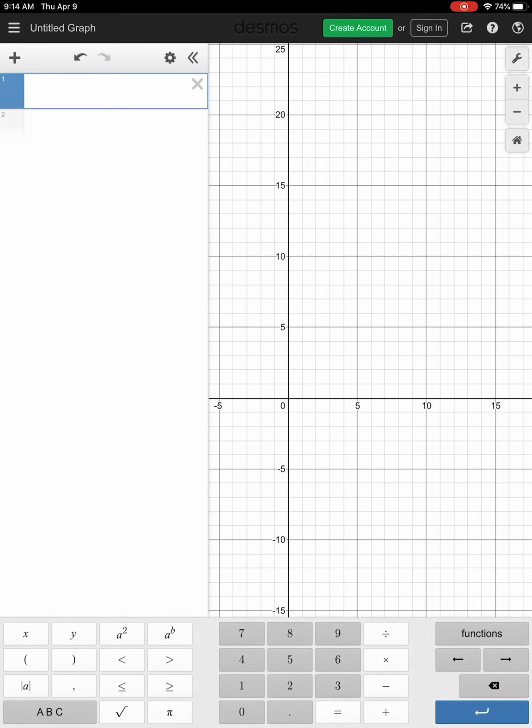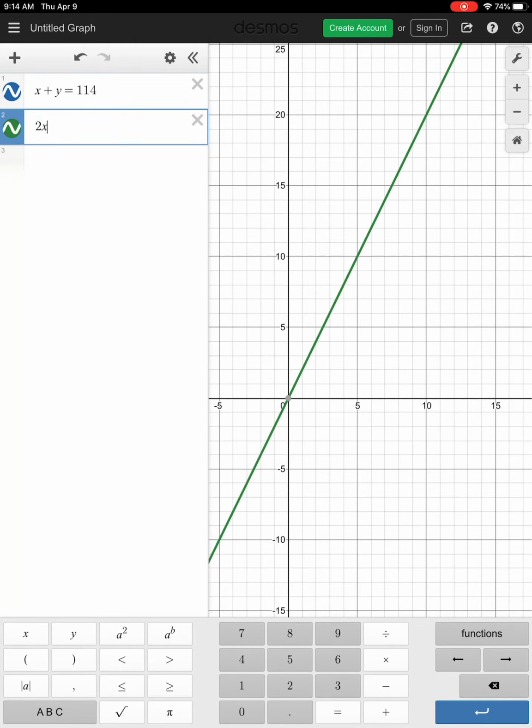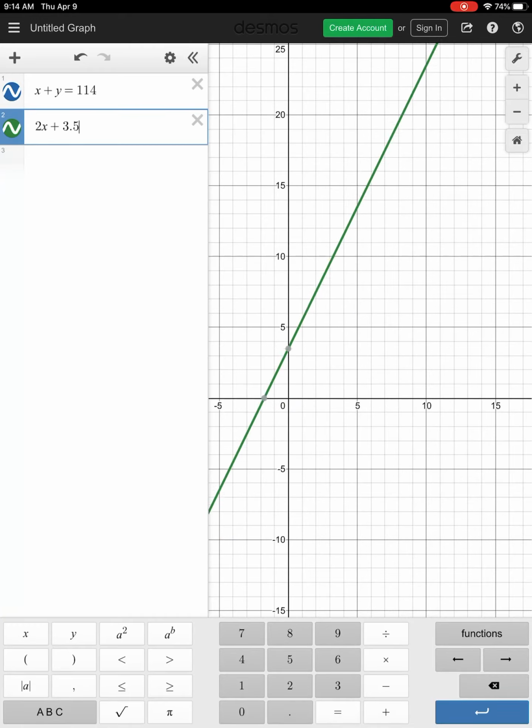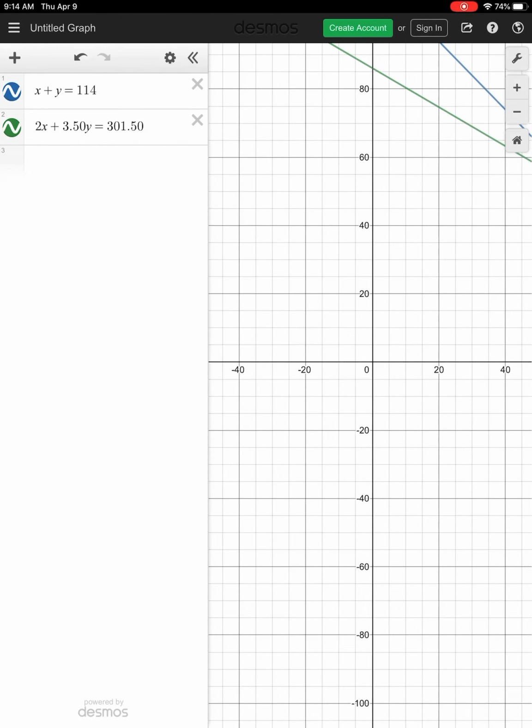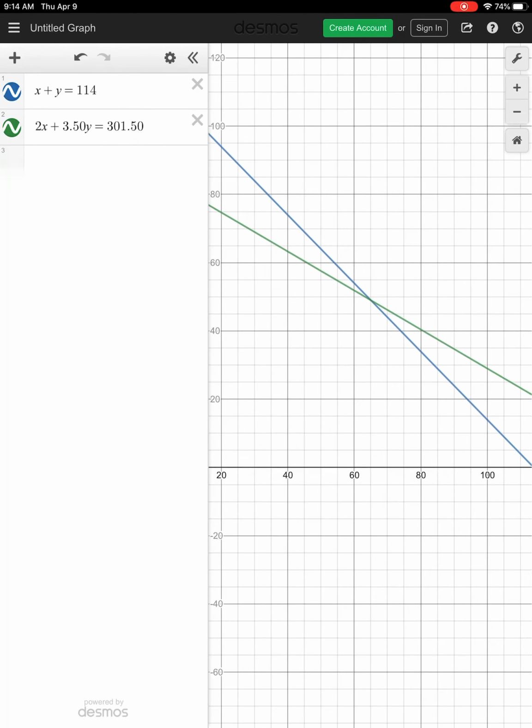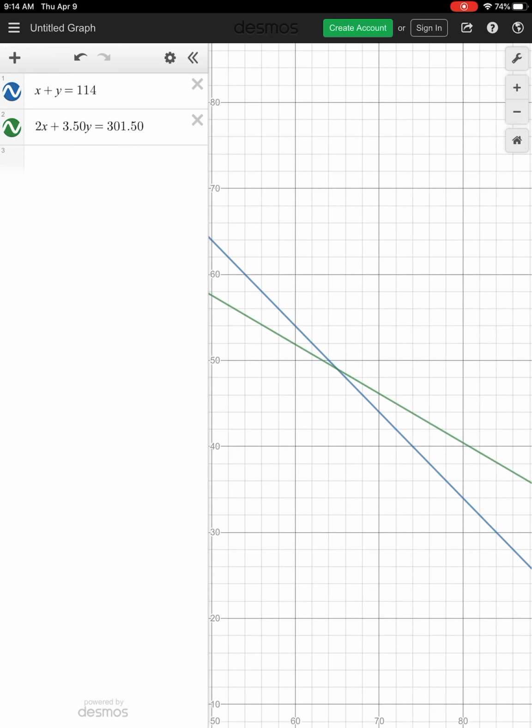So my first equation is x plus y equals 114 items, and then we have 2x plus 3.50 y equals 301.50. We're going to have to do some zooming out to find these lines, and there they are. We click on that intersection, and we have 65, 49.